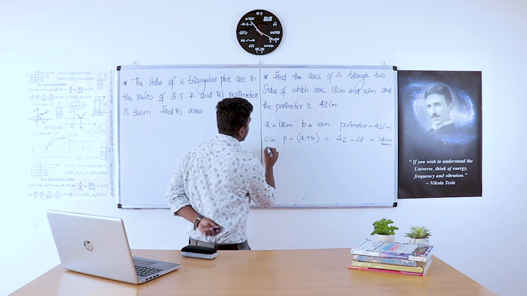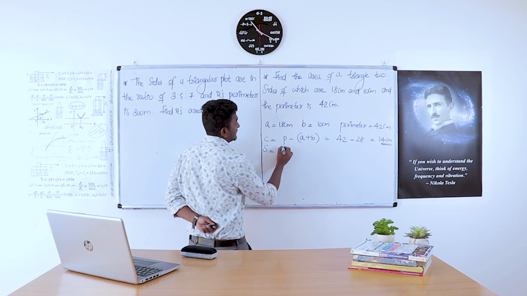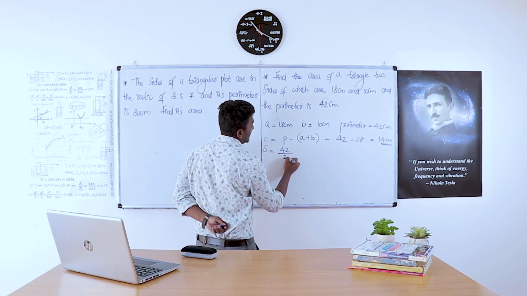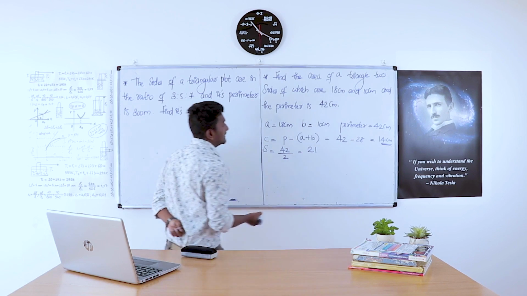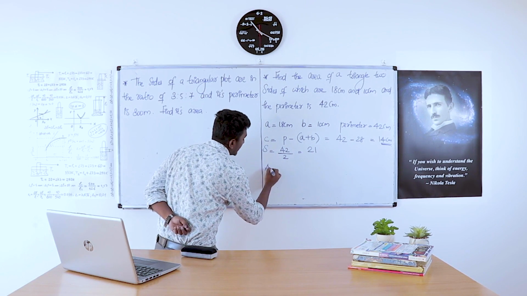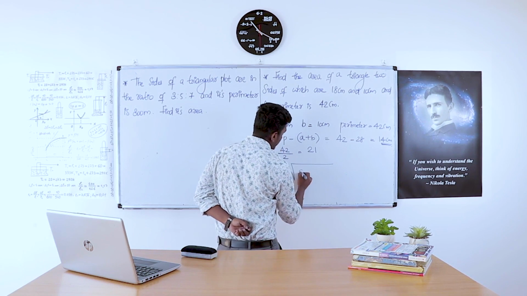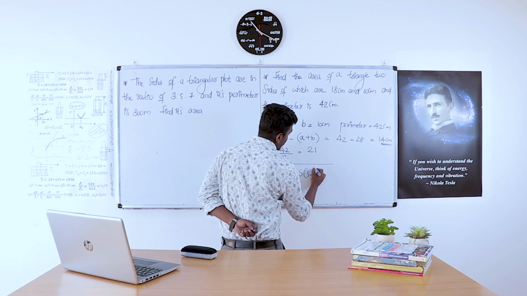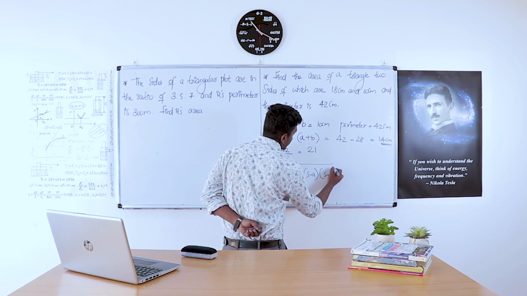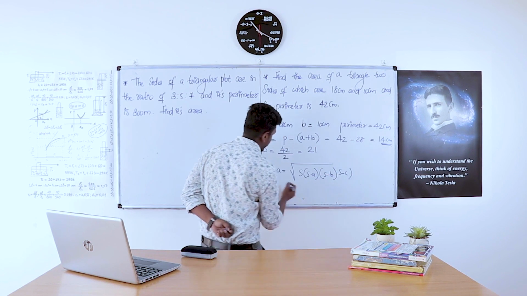Now what is S? Semi-perimeter. S is equal to perimeter 42 divided by 2. It is 21. Now by Heron formula we have area is equal to root of S into (S minus A) into (S minus B) into (S minus C).